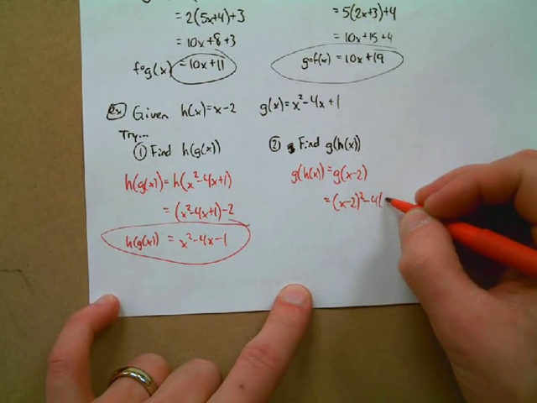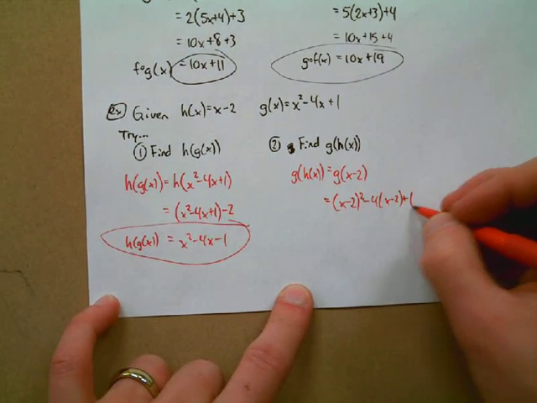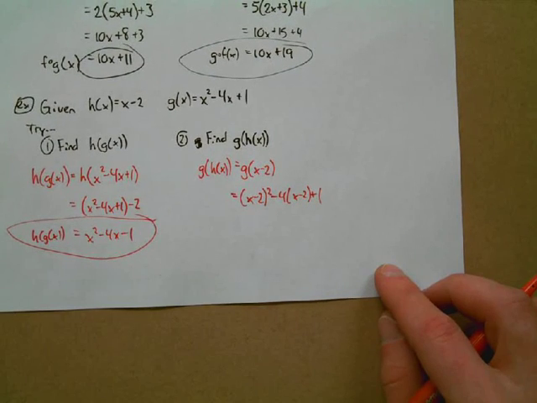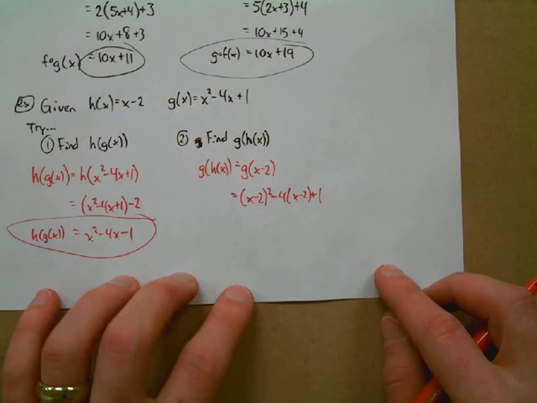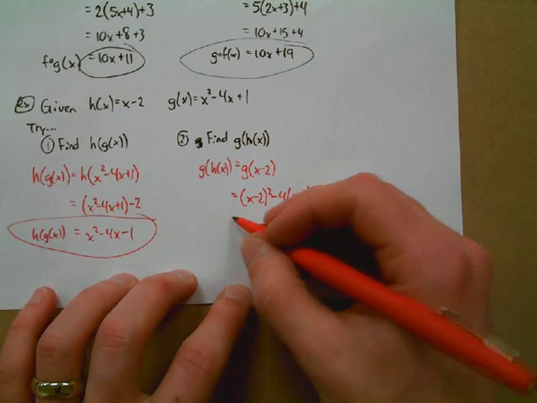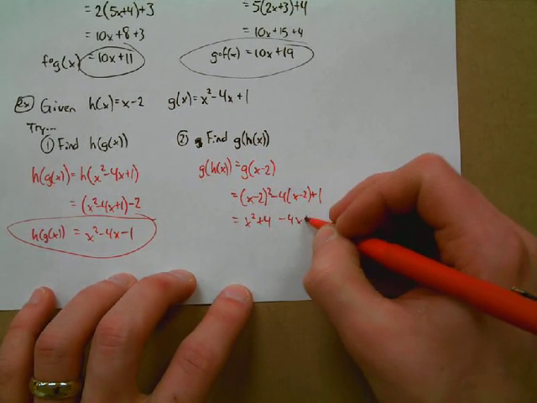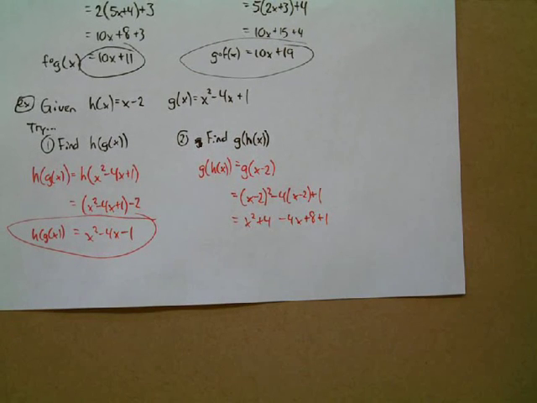All right, so let's see here. We square this out, right? We get x squared plus 4 minus 4x plus 8 plus 1. No, that's not how we square that out. It's x squared minus 4x plus 4, and then minus 4x plus 8 plus 1.